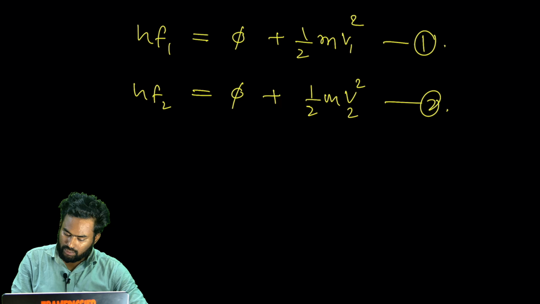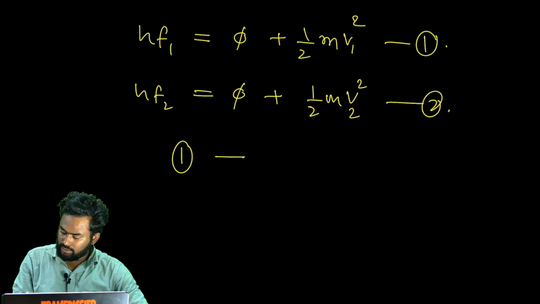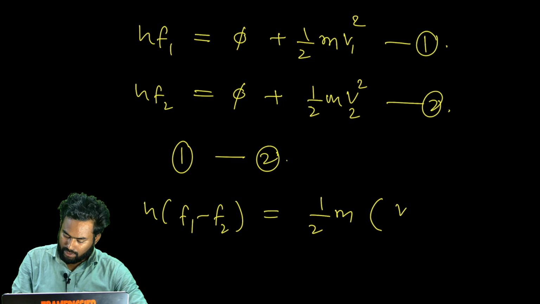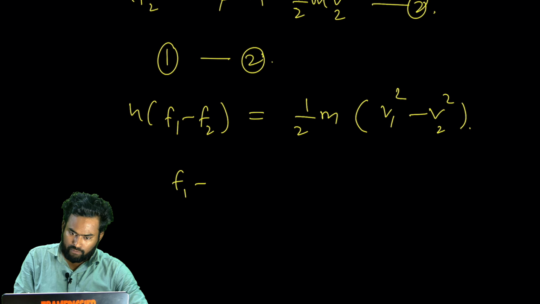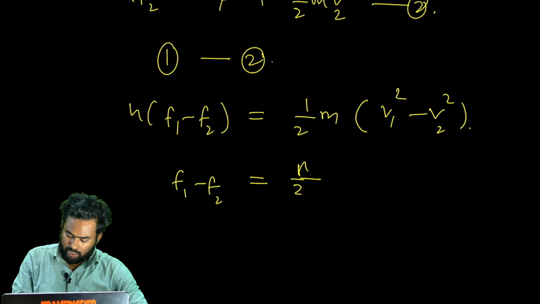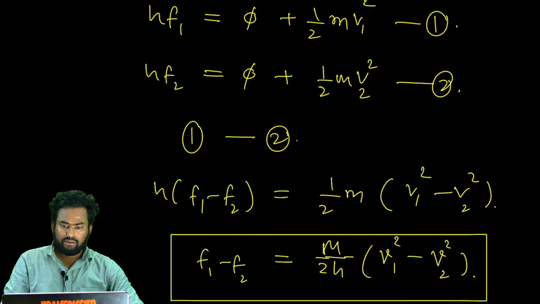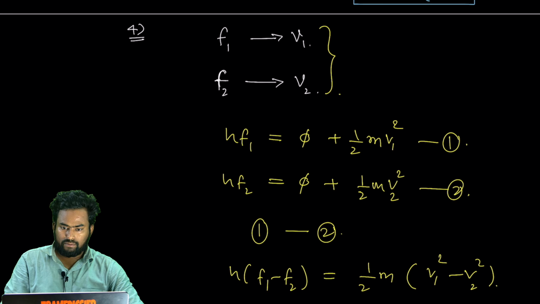Subtracting first minus second, we will get h common, f1 minus f2 equal to half m into v1 square minus v2 square. So f1 minus f2 will be m by 2h into v1 square minus v2 square. Okay, also clear? Question number 4.